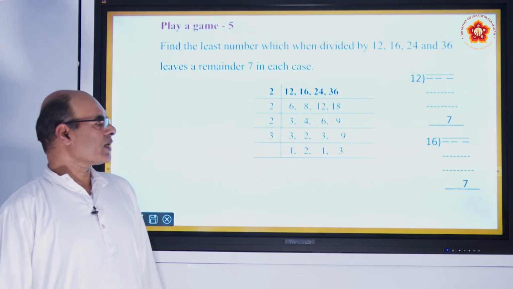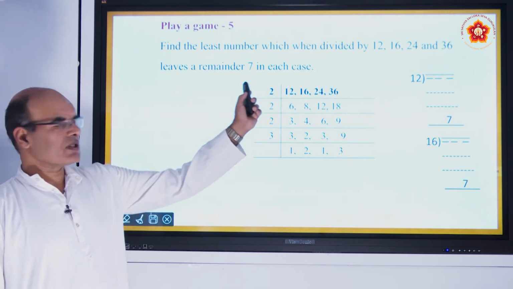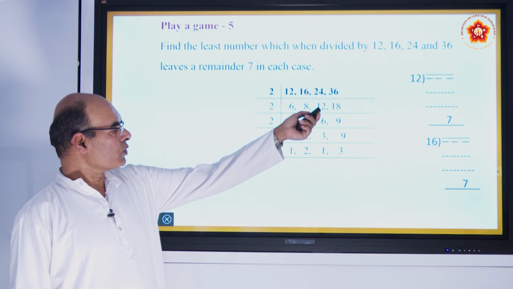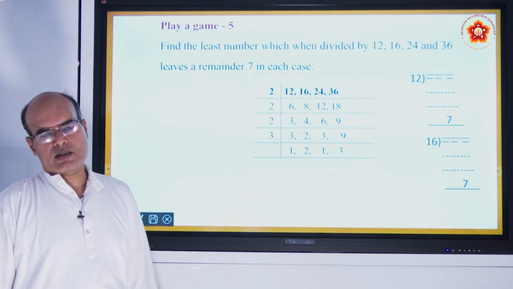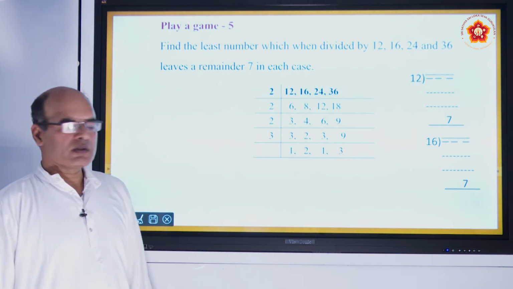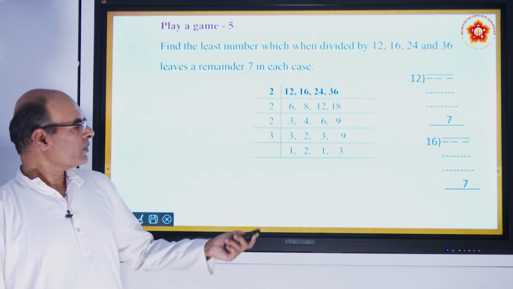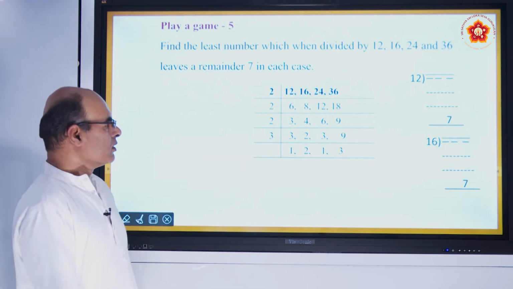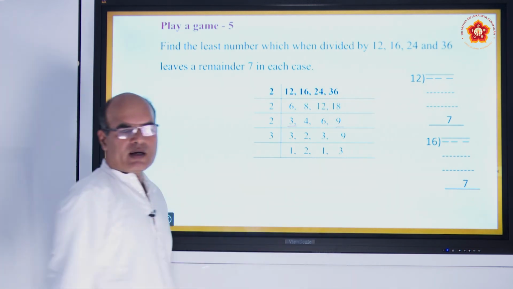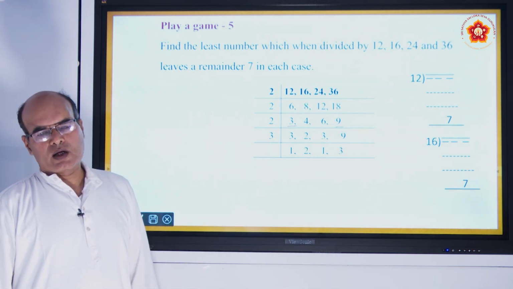Take 12, 16, 24 and 36. All are even numbers, so we can divide all the numbers by 2. So we get 6, 8, 12, 18. Then once again all are even numbers, divide those numbers by 2. So we get 3, 4, 6, 9. Here 3 and 9 are divisible by 3, not by 2.